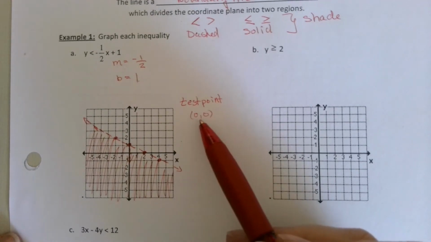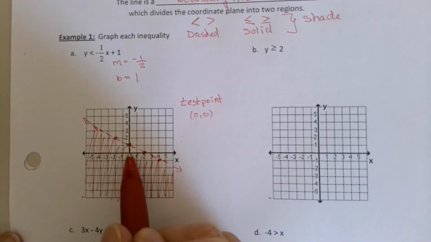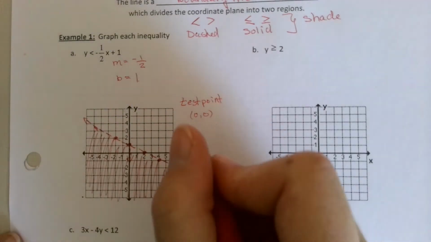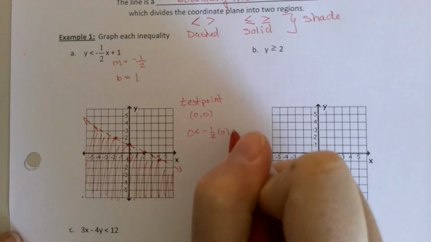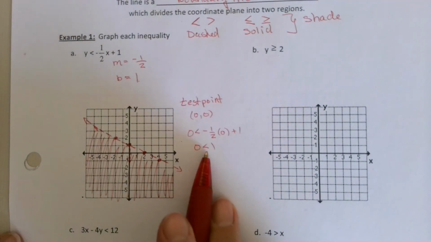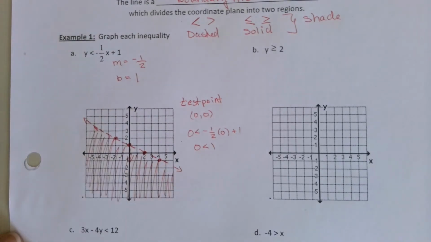The only time I can't use it is if it's on the line. But if my test point works, then everything works. If my test point fails, then it must be the other side. So take 0, 0, plug it in. 0 is less than -1/2 times 0 plus 1. 0 is less than 1, that's true, so then I shade everything over there.